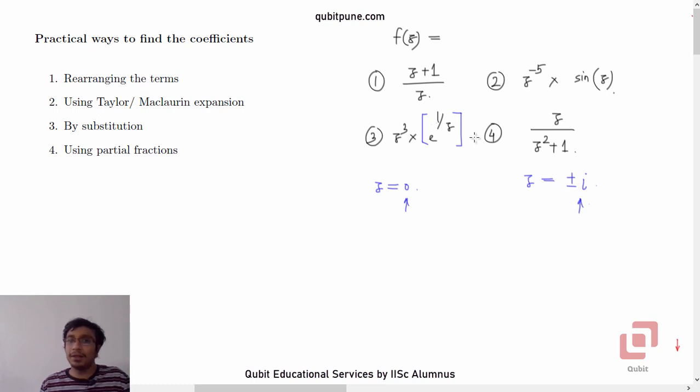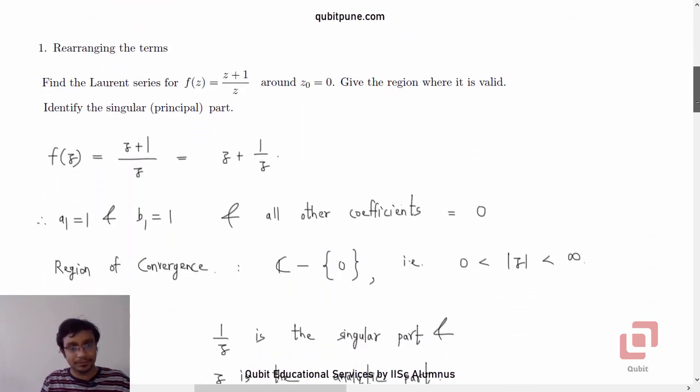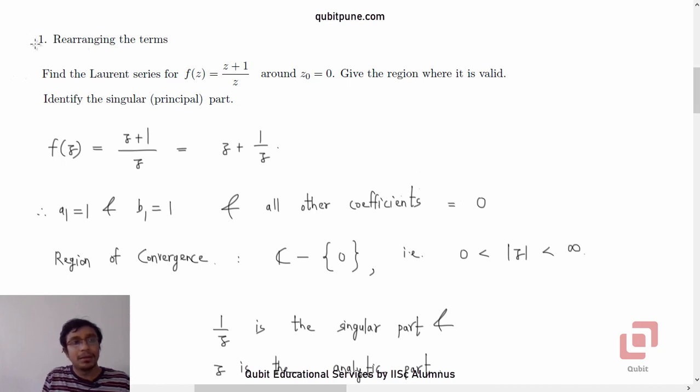We will start by rearrangement of the terms in the function. Method number 1. The question is, find the Laurent series for f of z equal to z plus 1 upon z around z naught equal to 0, give the region where it is valid, so basically the region of convergence, and also identify the singular part or the principal part.